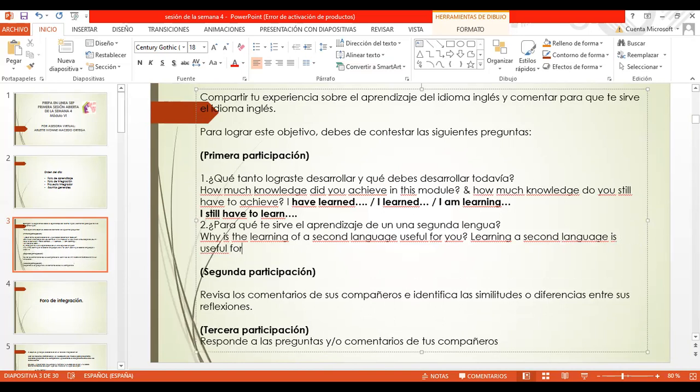useful for me because, y si tienes varias razones por las que consideras que aprender una segunda lengua es útil, entonces las puedes enlistar con las palabras que vimos, los conectores para enlistar, ¿se acuerdan?